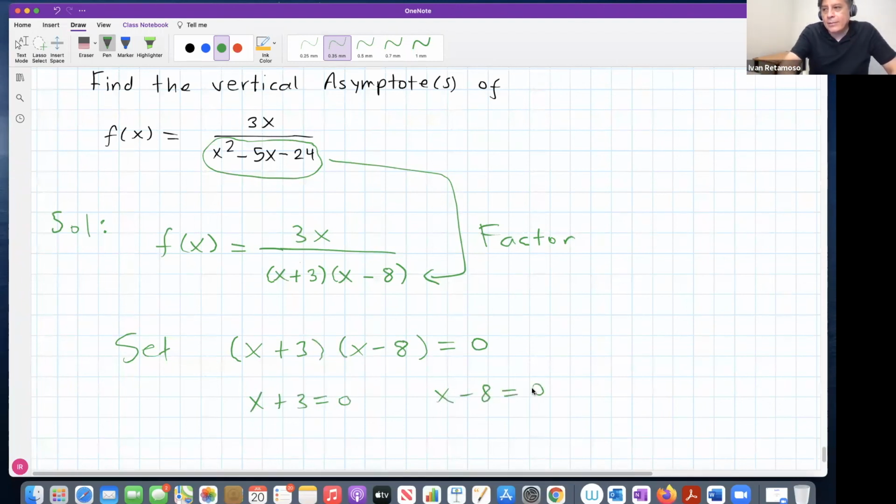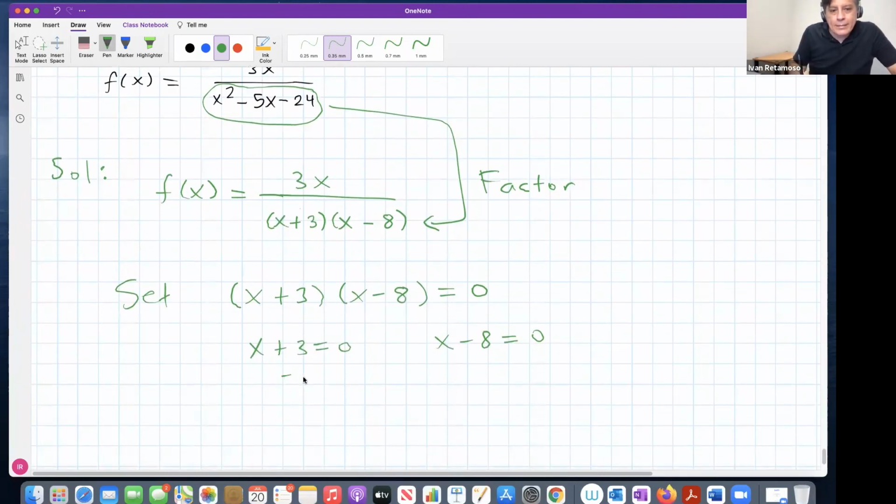Set that equal to 0. From here, subtracting 3 on both sides, I get that x equals negative 3. From here, adding 8 to both sides of the equation, I get that x equals 8. Turns out, guys, these are the vertical asymptotes.